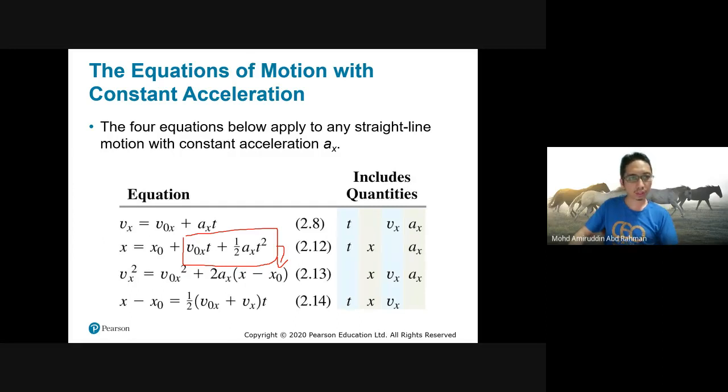So basically Vx squared equals V naught x squared plus 2 V naught x ax t plus ax squared t squared.